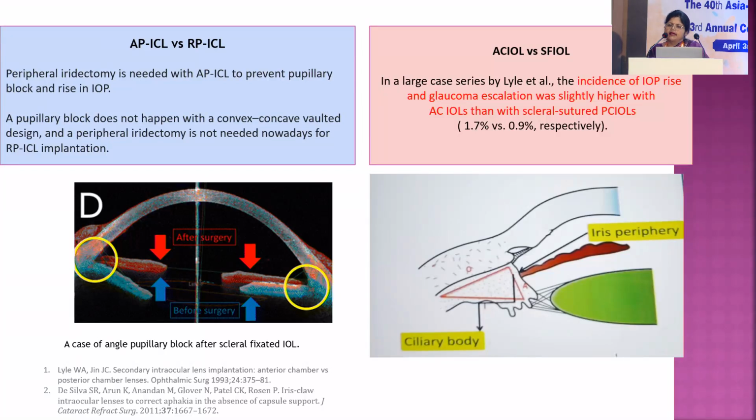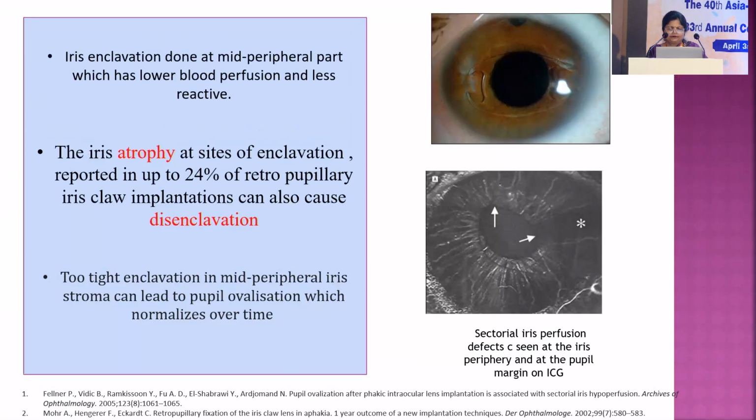When we are comparing the ACIOL versus SFIOL, the study suggests the incidence of IOP rise and glaucoma escalation was slightly higher with the ACIOL than with the scleral fixated PCIOL. The iris enclavation is done in the mid-peripheral part of the iris, which has lower blood perfusion and is less reactive. So iris atrophy is reported in 24% of retropupillary iris claw implantations, which can lead to disenclavation.